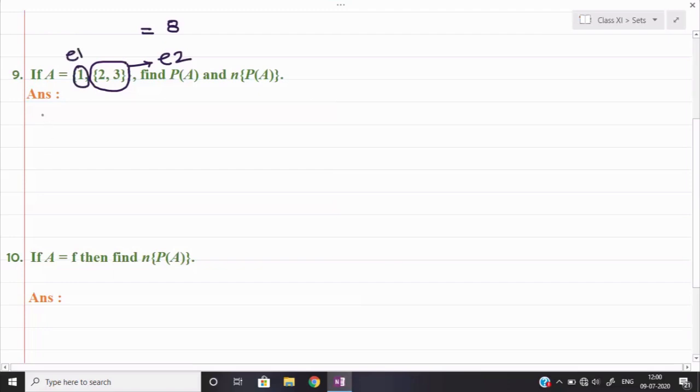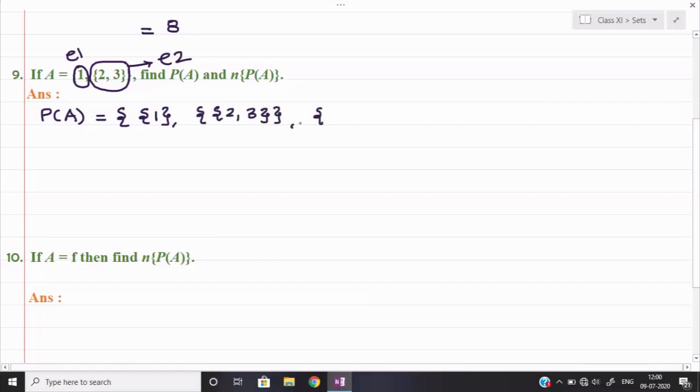So when I am writing the power set of A, I need to write down all the subsets here. First subset will be, I will take 1 element, means 1 will come. Then I will take the second element in the curly bracket, who is my second element? That is curly bracket 2 comma 3, right?